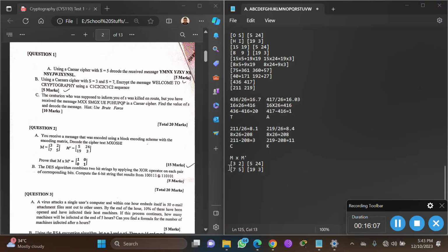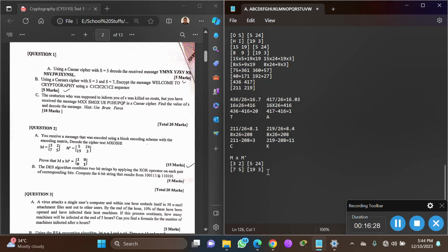So we are trying to prove that if we multiply these two, we'll get this. So let's do that. So row by column, row by column, row by column, row by column. That's the rule. So we'll start.